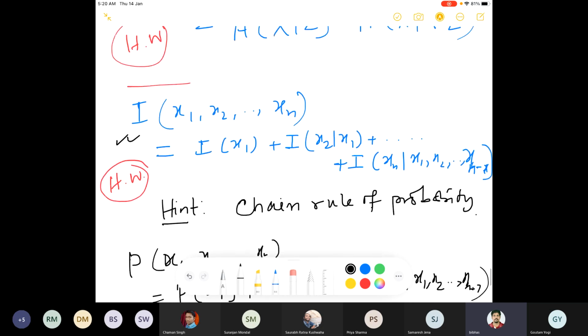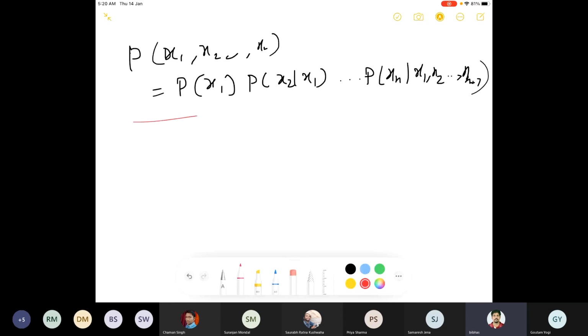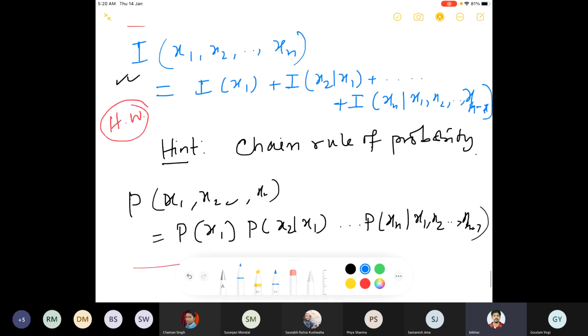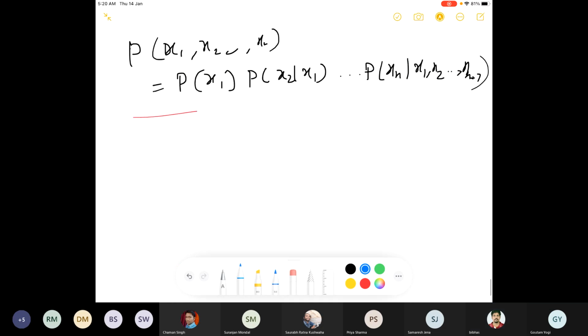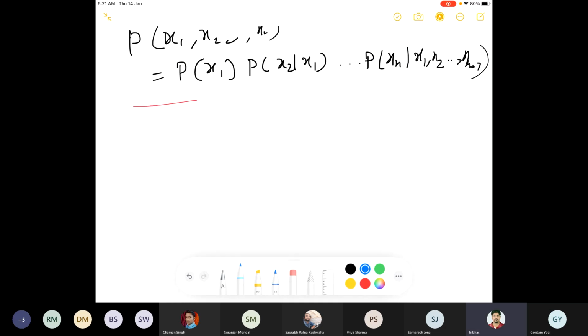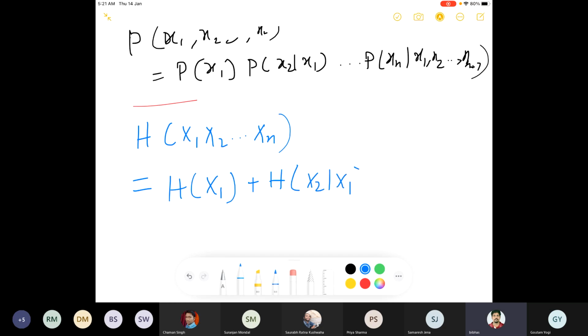Let me give you another homework. Since this relation holds for individual inputs, we can take an average of that, and then we can prove that the joint entropy H of x1, x2, the random vector you can say, will be equal to the entropy of x1 plus the entropy of x2 given x1 plus dot dot dot plus H of xn given x1, x2, up to xn minus 1.